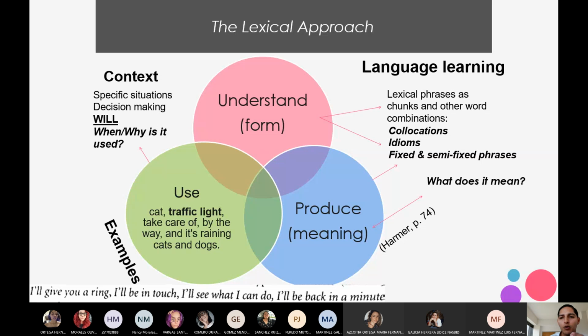And that's why the main statement of the approach is that language learning takes place by introducing chunks of words, lexical phrases, and other word combinations such as collocations, idioms, etc. This approach emerged in the late 1990s, I think, and it was then worked out in the 2000s.